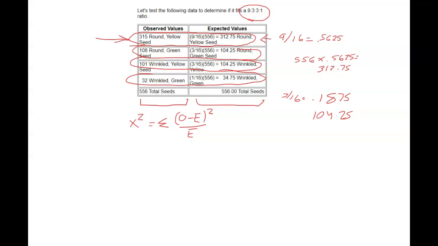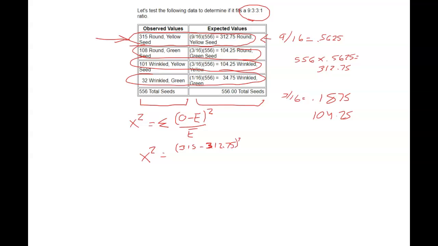So let's concentrate right now on this first one. Chi-square equals observed minus expected. What do we observe? We observe 315, and we subtract that from what we expect to get, which is 312.75.